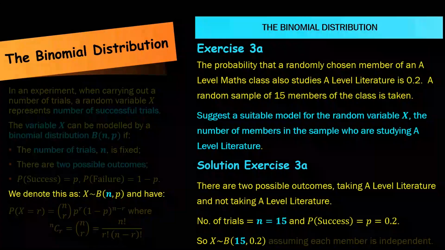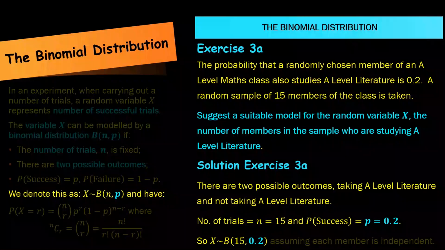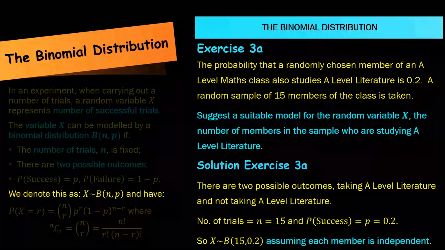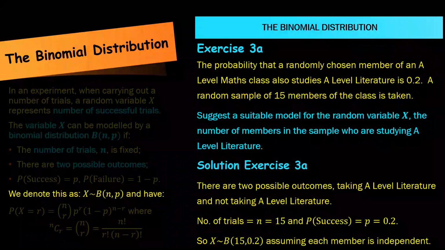Therefore, x is distributed binomially with n equal to 15 and p equal to 0.2 as shown. And in this, of course, we're assuming each member is independent. And therefore, this is our suitable model.